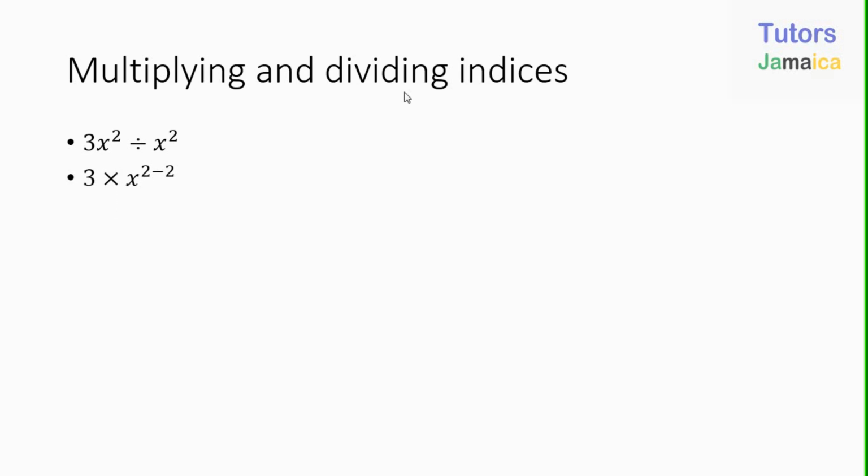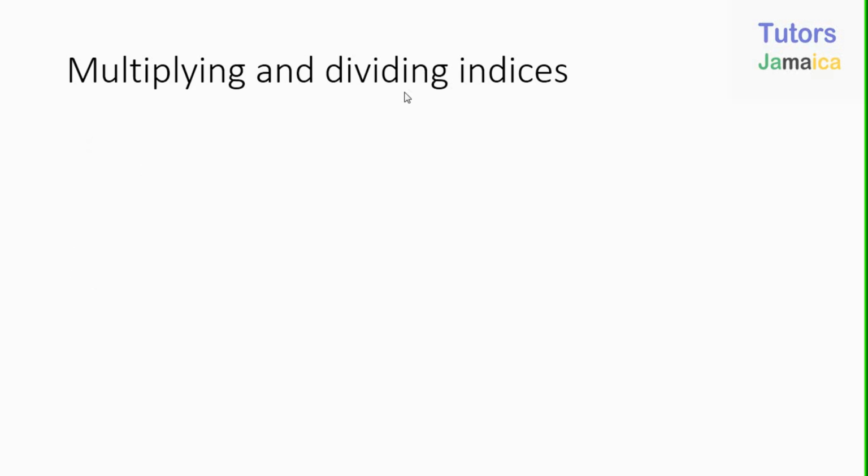So 3x squared divided by x squared is equal to 3 times x to the 2 minus 2, and 2 minus 2 is equal to 0. So 3x to the 0 is equal to 3 times 1, which is equal to just 3.